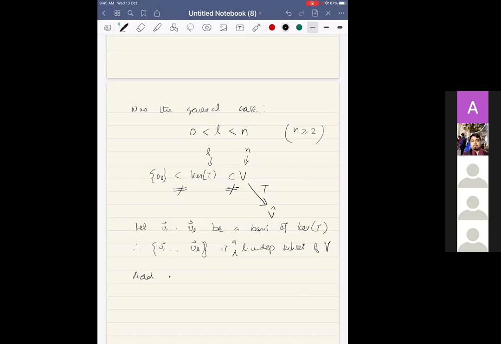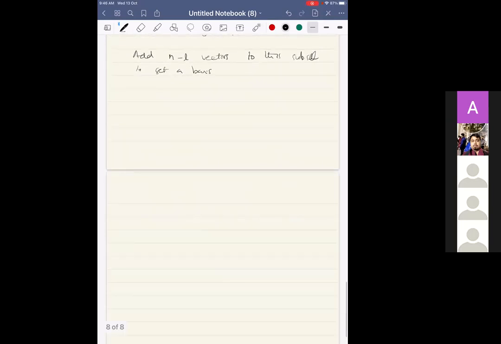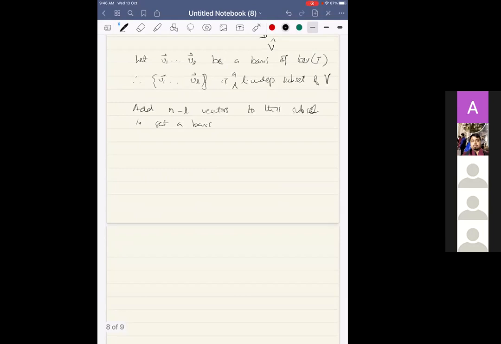Because any basis of V has n elements. So if I complete this by adding vectors, then the total set must have n vectors. I already have L vectors, so I must add n minus L vectors to this subset to get a basis. Okay, so I have to have a notation for them. Now let me choose a notation.